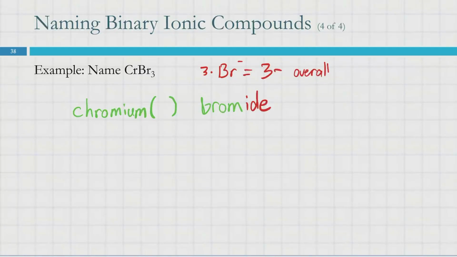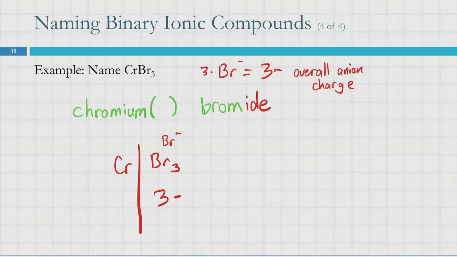So we've got 3 minus overall anion charge. We could also have written this instead like this. So we've got a 3 minus, because we've got 3 bromines, 1 minus charge each, so we've got a total of 3 minus. For our chromium to balance out this 3 minus, what charge does it have to have? Yeah, it has to have 3 plus.